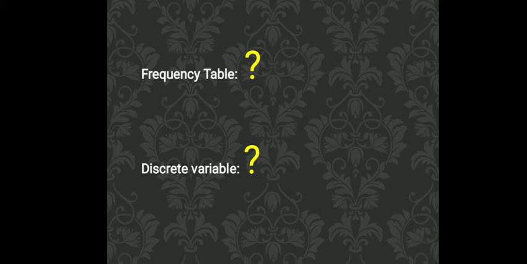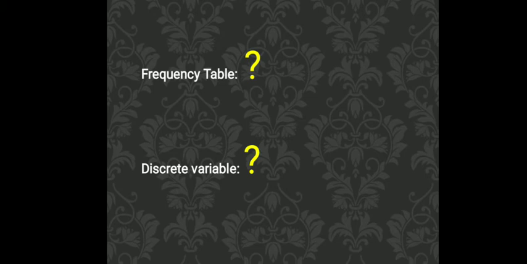Variables that can only take on a finite number of values are called discrete variables. So our topic is basically based on these two terms, frequency table and discrete variable.